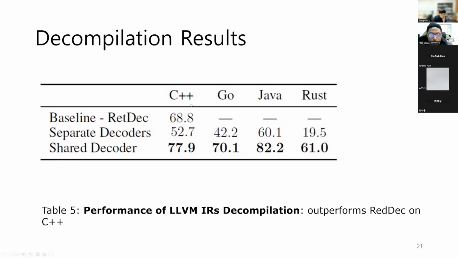Here, they compare it with C++. The other programming languages are not considered in this baseline model. So they compare with C++, and the model which augments IR representation has dominated this result.